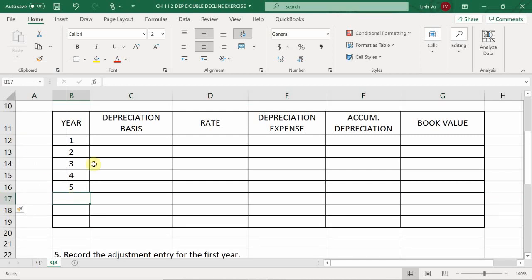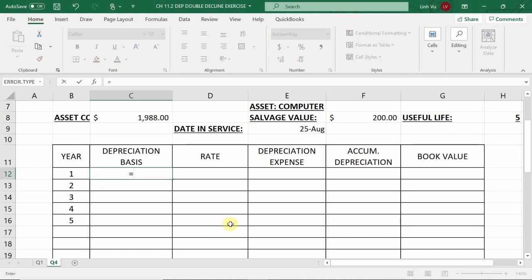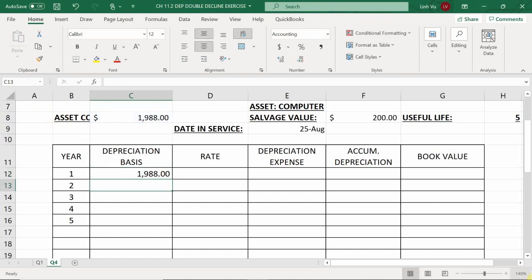Okay, so let's go ahead and plug our information in for depreciation basis. What would our depreciation basis for the first year of this computer be? 1988.